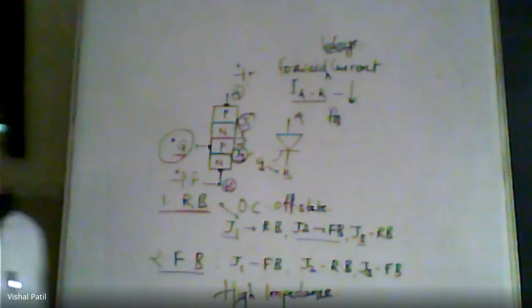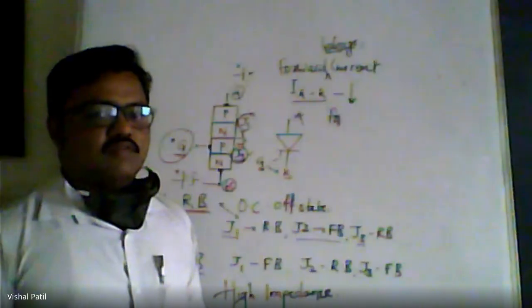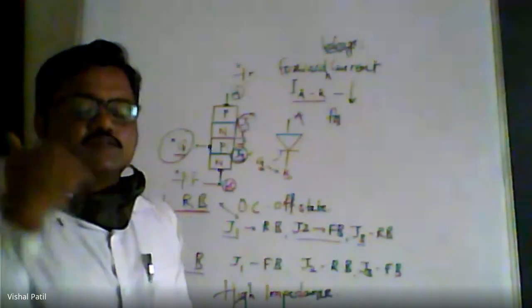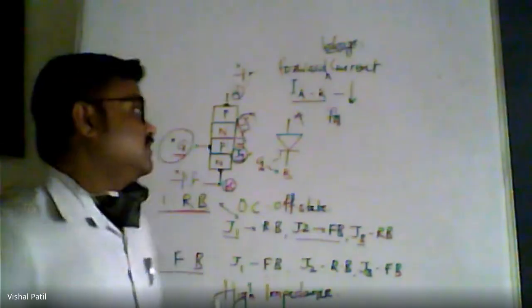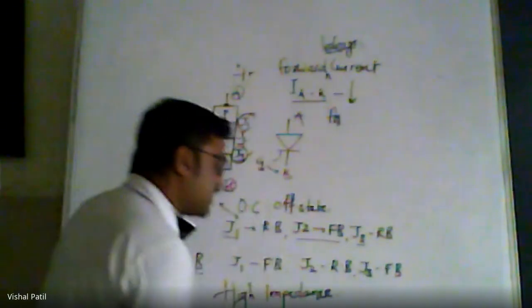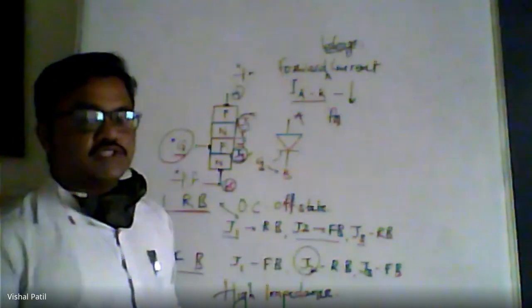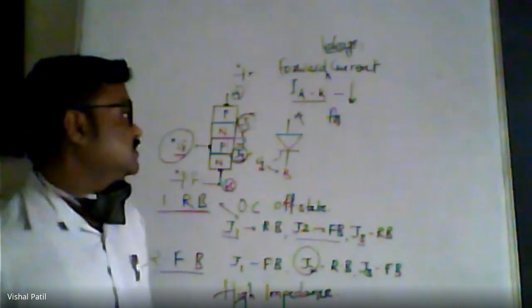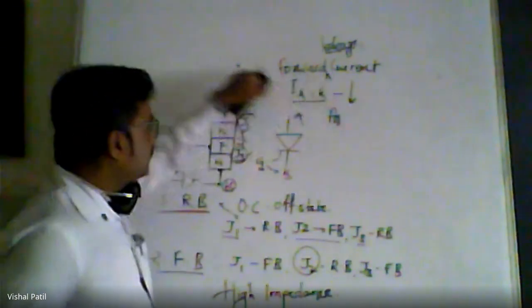The current is in the forward direction. We get the expected current, in the sense that the current is from anode to cathode. That is our expectation. But the value of that current is very small because of the presence of junction J2, which is in the reverse bias and imposes very high impedance to the forward current through the device.